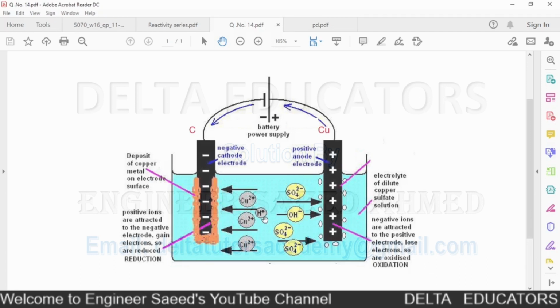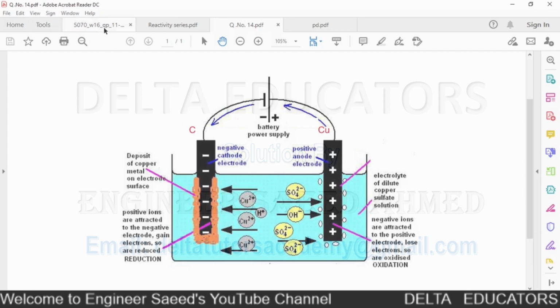Now if we check the reactivity series, hydrogen is more reactive than copper. So hydrogen will not move towards the electrode, copper ion will. When copper ion migrates towards the carbon electrode, at the carbon electrode it will gain 2 electrons and be converted to a copper atom, and copper will be deposited on this carbon electrode.